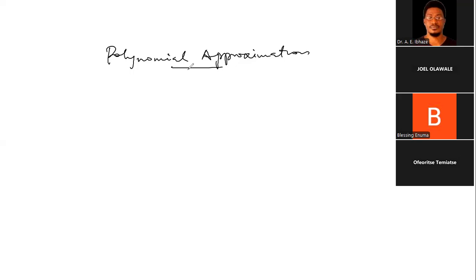Okay, so one thing I would love you to take note of here is that this technique may not necessarily specify how the coefficients of the polynomial are chosen. And the methods that we're going to be looking at here are the Taylor series approximation and also Chebyshev.